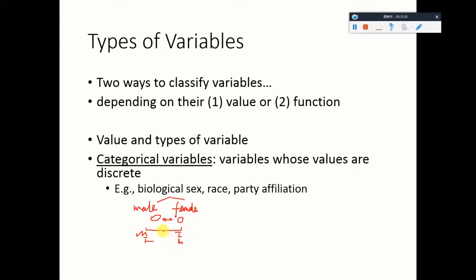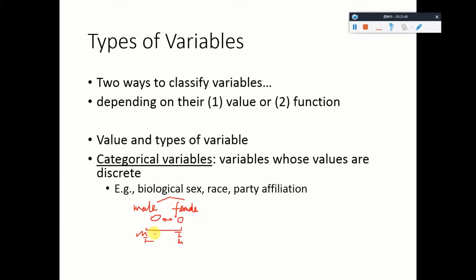There's no way to place two discrete entities on any kind of scale or continuum that implies some kind of continuity. Because in nature, at least among humans, there's no way that you can move, well, unless you perform some procedure, right?